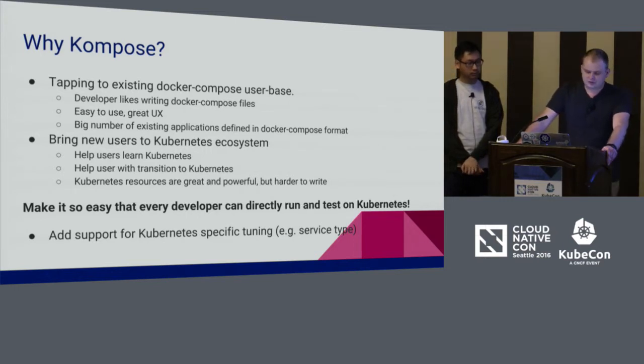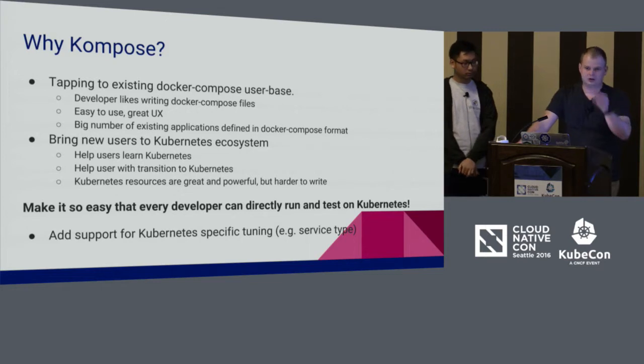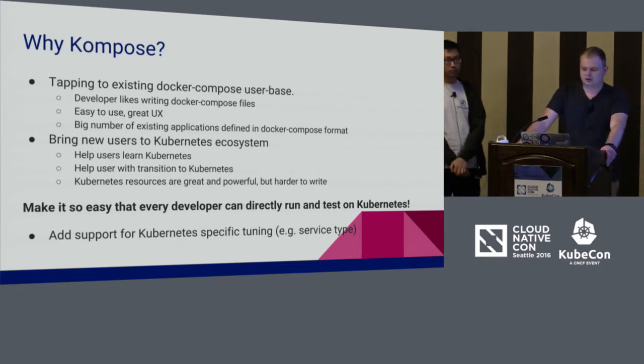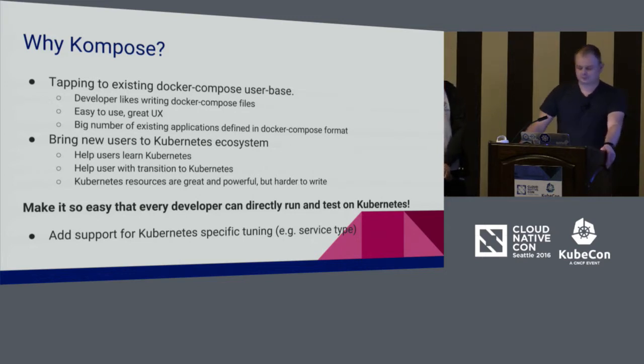Not everything in Docker Compose can be mapped to Kubernetes, so we started using labels to annotate services to get a little bit more information for the Kubernetes transformation. And we will show that a little bit more in our demo.